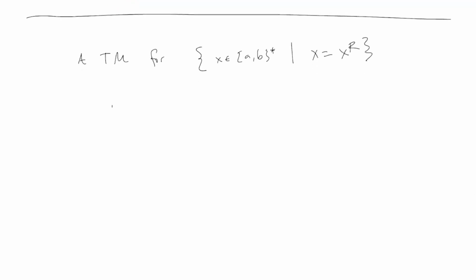I'm talking about strings which are sort of like A, B, A, B, A, something like that. This is an example of a string which is the same as its own reverse. And how am I going to do this?